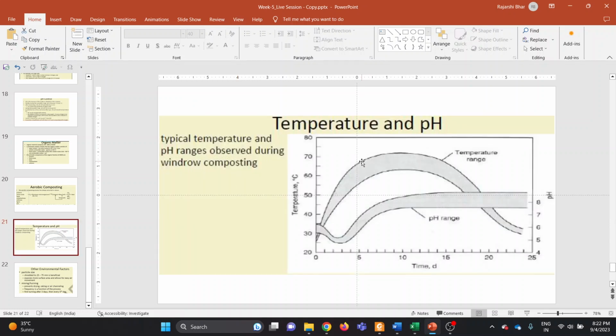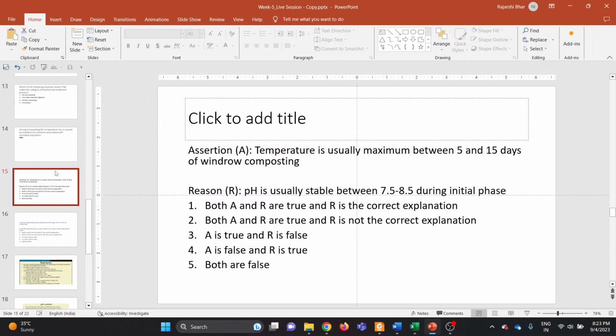Because you can see that the temperature is maximum around 5 to 15 days, so you can agree, okay, this is fine. But it also stated as a reasoning that 7.5 to 8.5 is a stable pH arrived at the initial phase. Rather, you can see clearly from this particular graph that the stable pH of 7.5 to 8.5 arrives during the matured phase or at the later stage of composting, not at the initial. So that is why the reasoning was false.